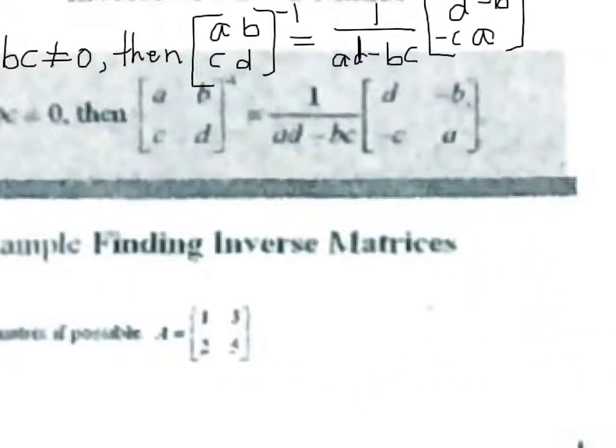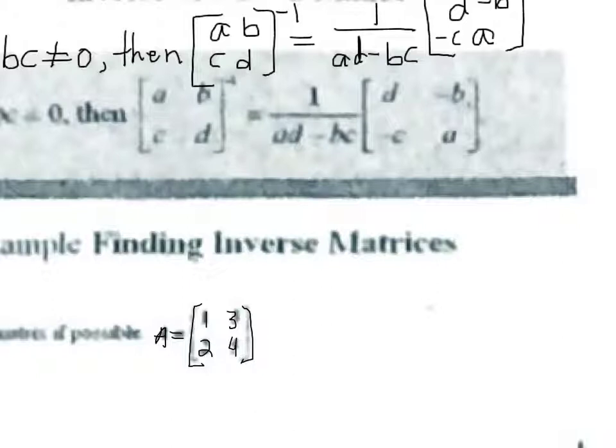On the next one we have finding the inverse matrix. They're saying A equals the matrix of 1, 2, 3, and 4.